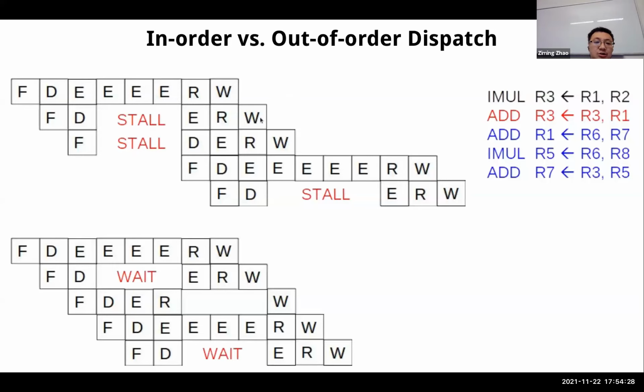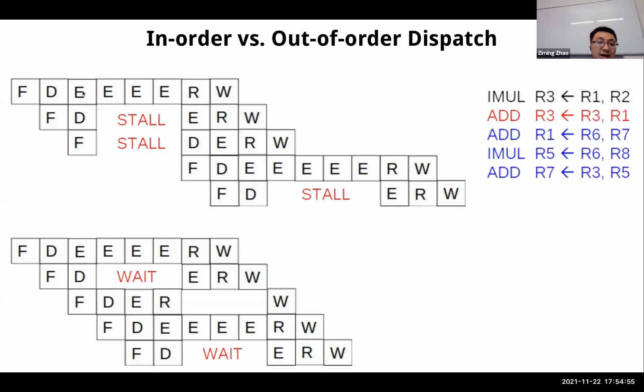For the second instruction, when the first one is doing fetch, we cannot do anything about the second instruction. However, when we are doing decoding of the first instruction, our fetch unit is not working on the first instruction anymore. That's why the fetch unit can work on the second instruction.